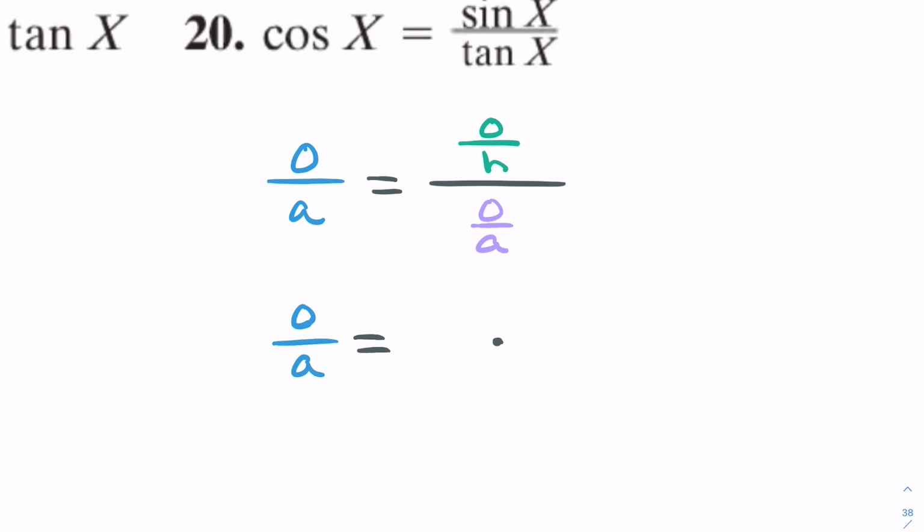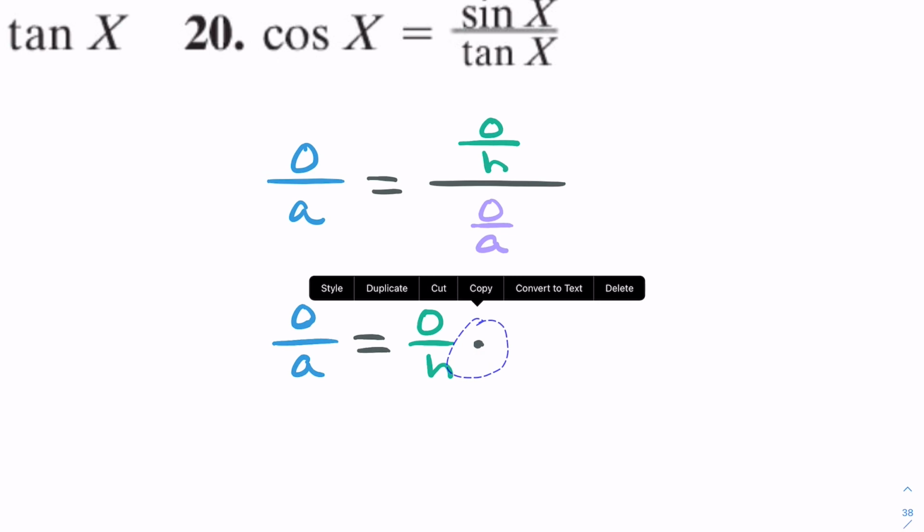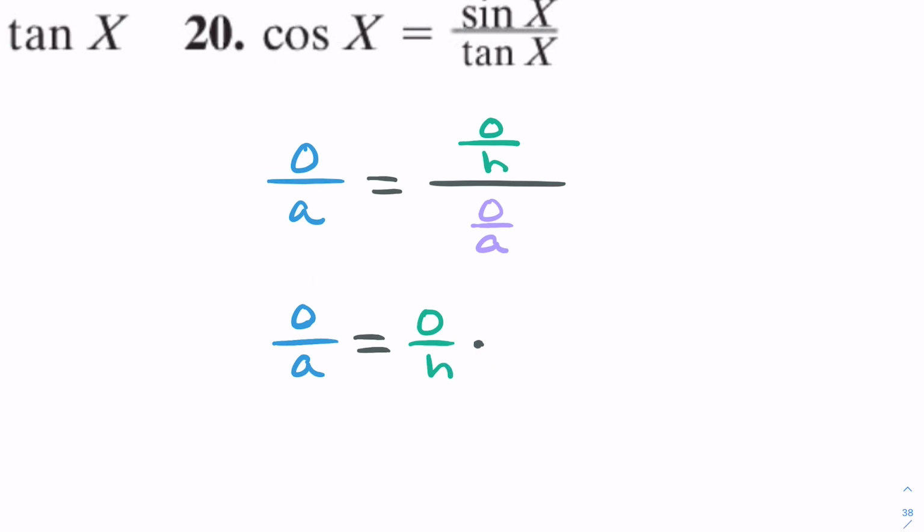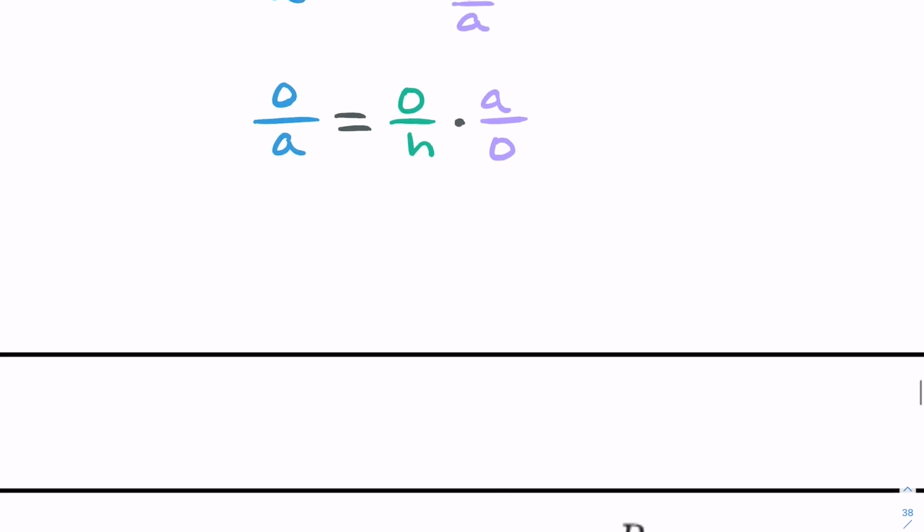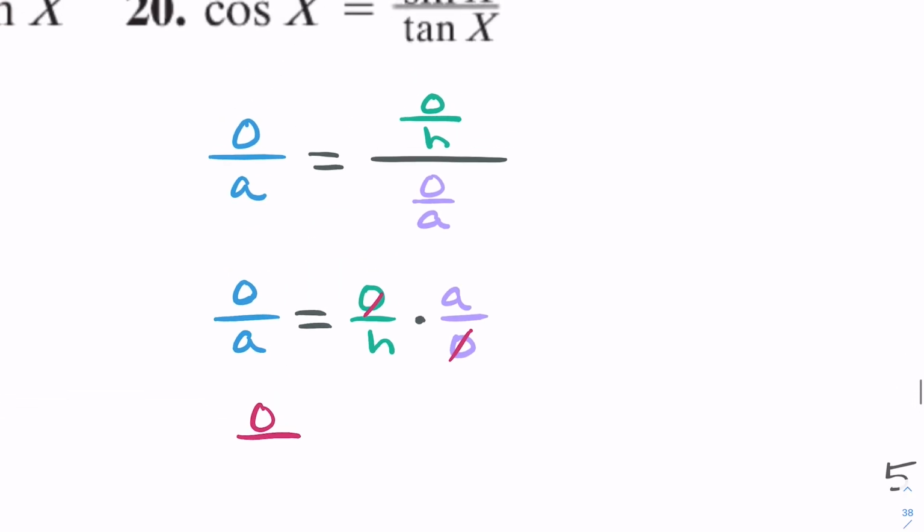So the numerator is O over H, and we'll multiply it by the reciprocal of O over A, which is A over O. And bada bing, bada boom, these go away. So we get O over, I'm sorry, hold on. Cosine is opposite over hypotenuse.